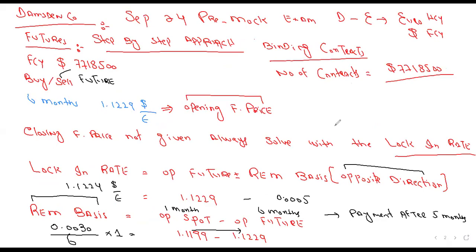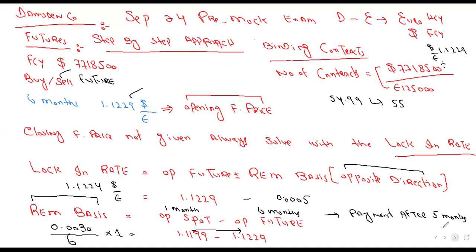The contract size was given as euro 125,000. But the currencies are not the same, so you will first divide this with the opening future price, $1.1229 over euro. You will get 54.99, almost 55 contracts.